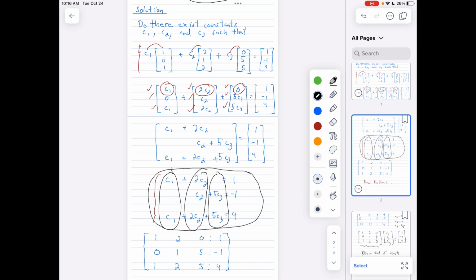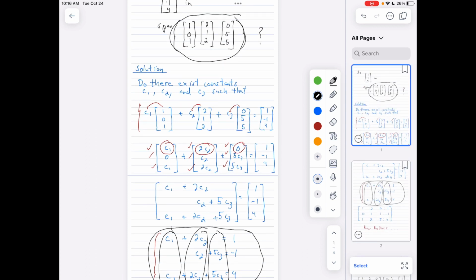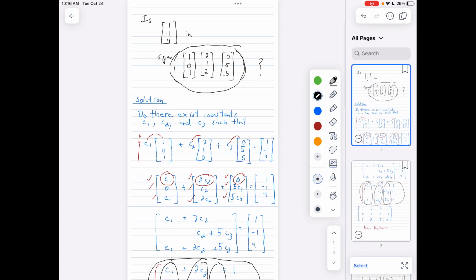Okay, so once again, just to reiterate what we did. We talked about what it means for a vector to be in the span of 3 other vectors, or 4 or 5, whatever. All that means is that we can write it as a linear combination. The vector in question can be written as a combination of the vectors in the set of the span.